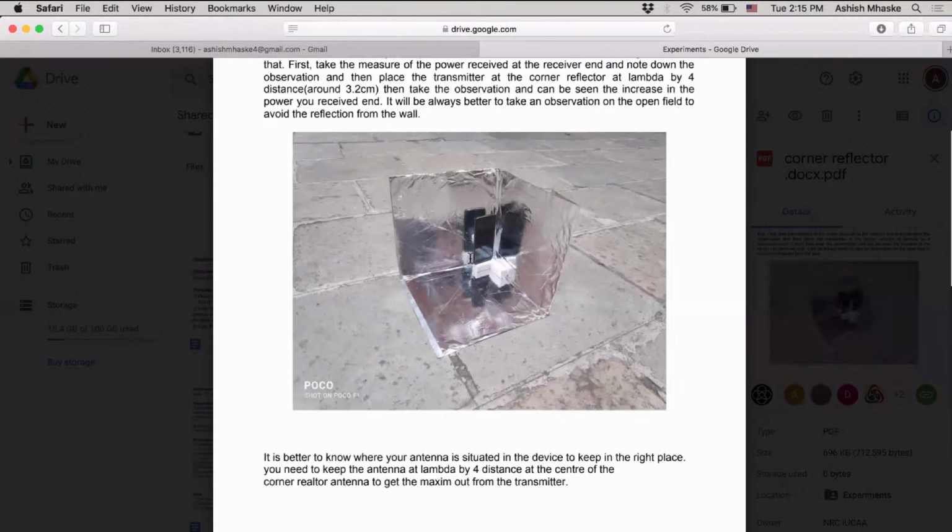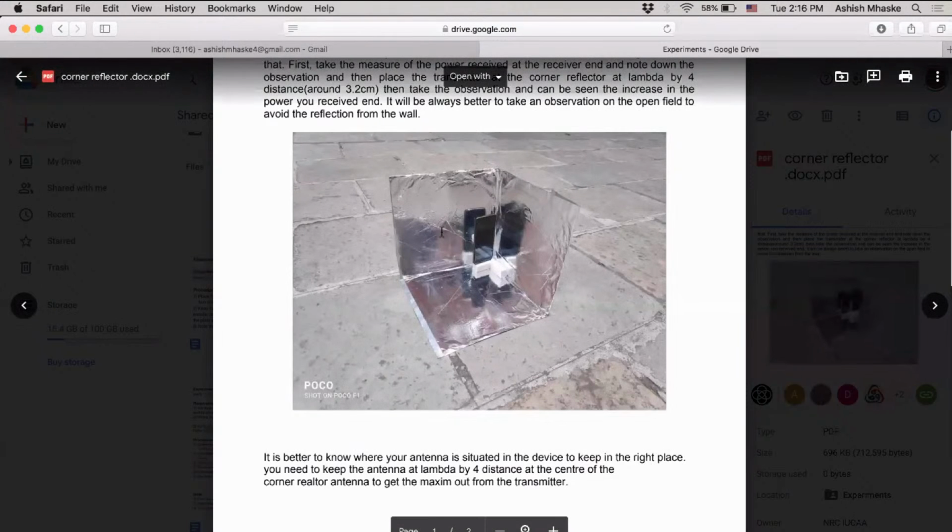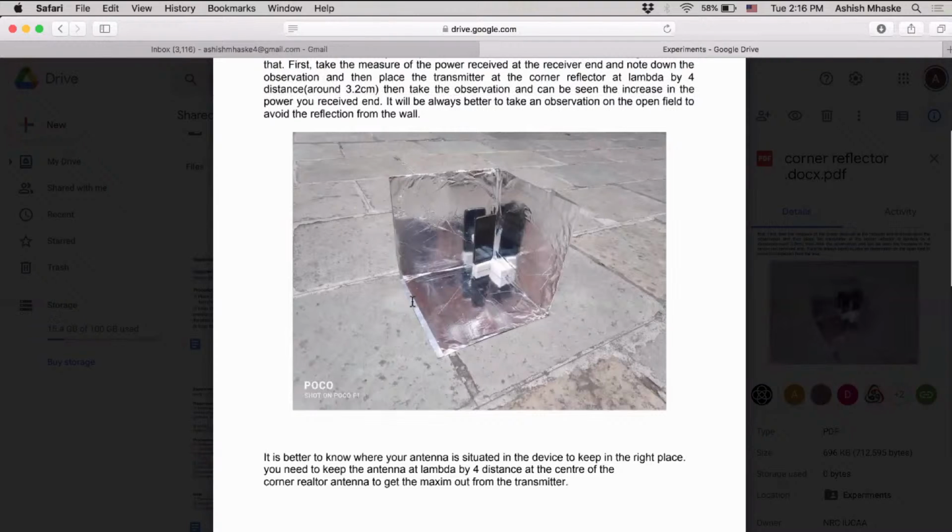That depends on where the antenna is located in your device. So you can move this mobile phone around and check for where you get the best experience. And then, of course, this ground, you can keep it on an elevated platform like a chair or table. And in this case, you will also have to find out in which direction you get the maximum radiation.